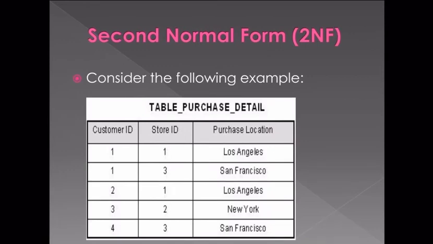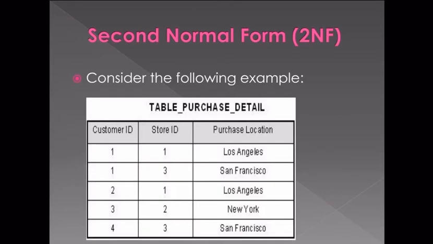Now, I will give you an example of second normal form to make it easier to understand. Consider the following example: the table has three columns: customer ID, store ID, and purchase location. Now, this table has a composite primary key, that is customer ID and store ID.